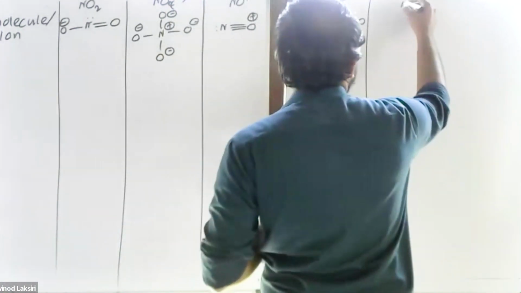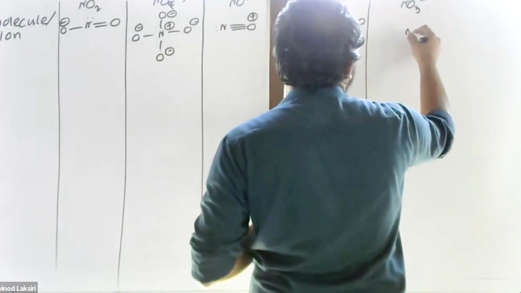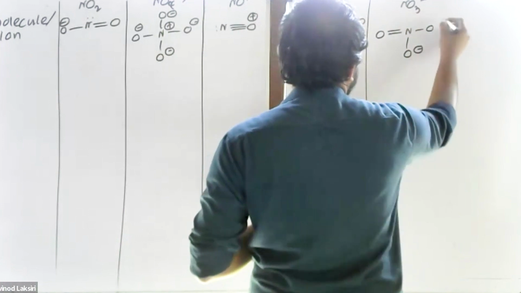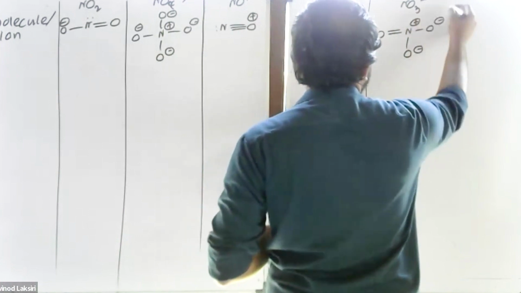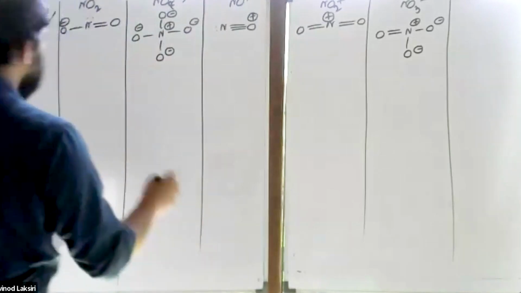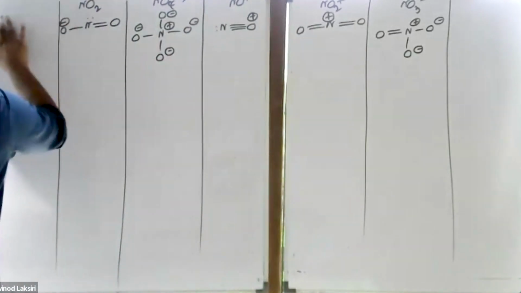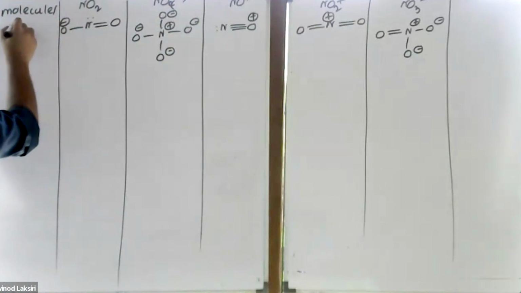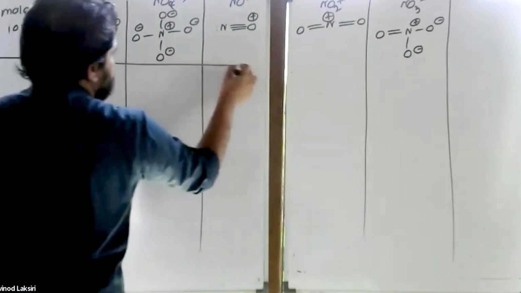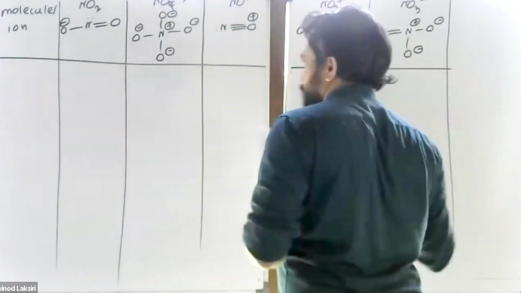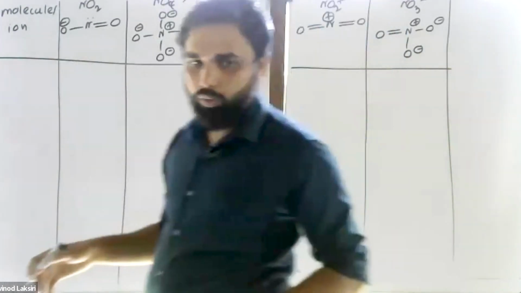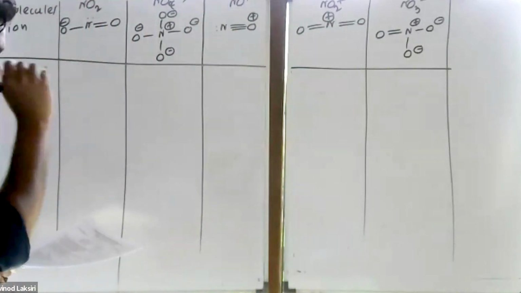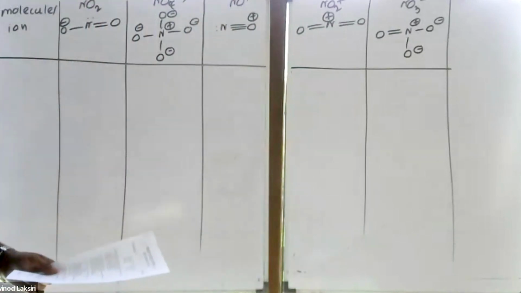And NO3 minus: one double bond, minus, plus, that is resonance. Like this way you have to draw the structure of the molecule or ion. In the exam, most of the time this question is given using common molecules present in the syllabus.